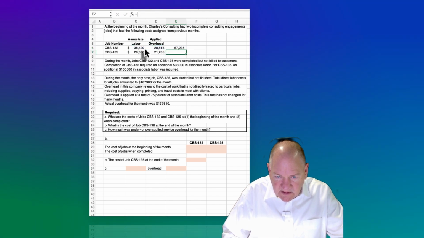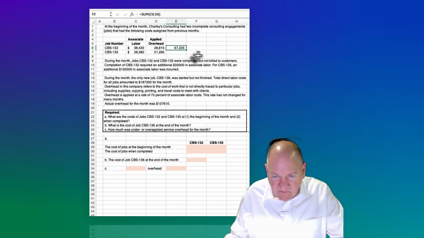and I can go back up here. If I want to replicate that formula in the next cell, I can just use the little smart button to do that. Now, let's just check that. 38,000 plus 29,000. Yes, that sounds like about 67,000. And I can look up here at the formula, and there's nothing unusual about the formula. Likewise, with the next one, 28 plus 21, that sounds like about 49.